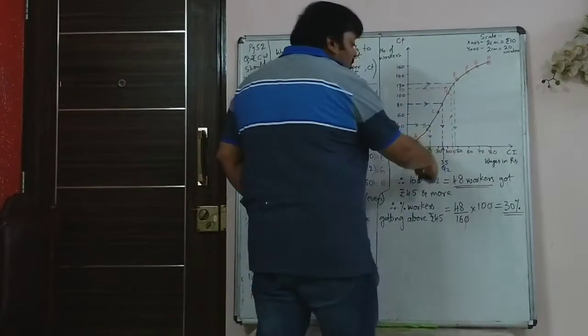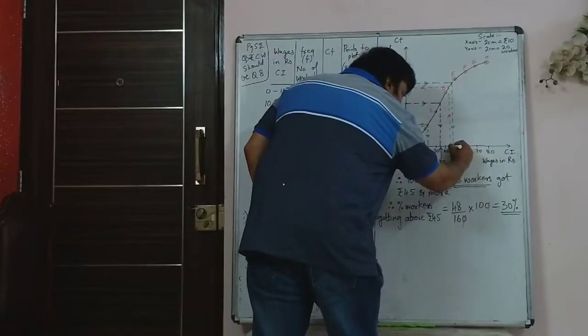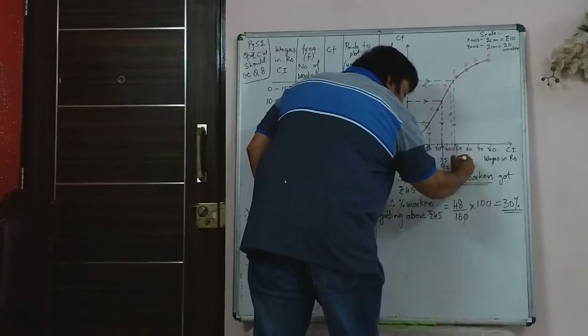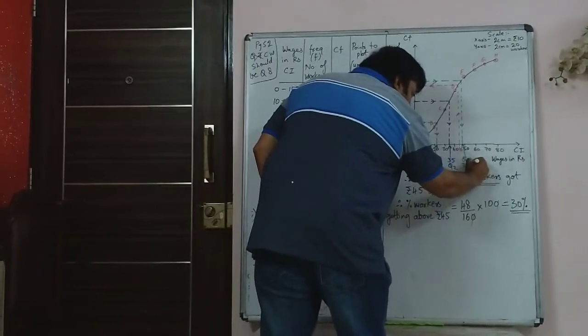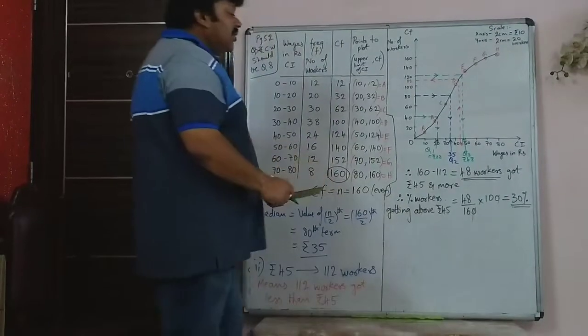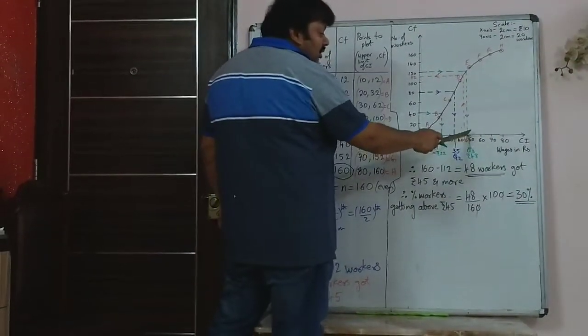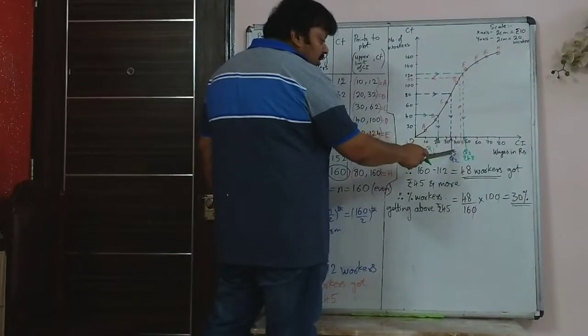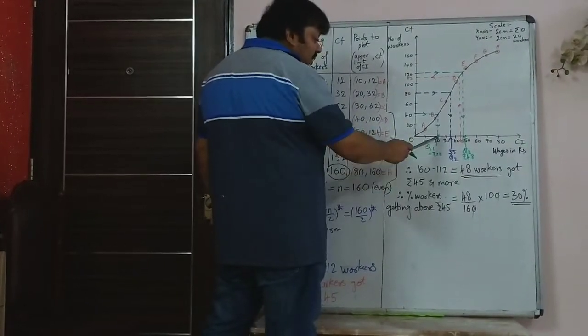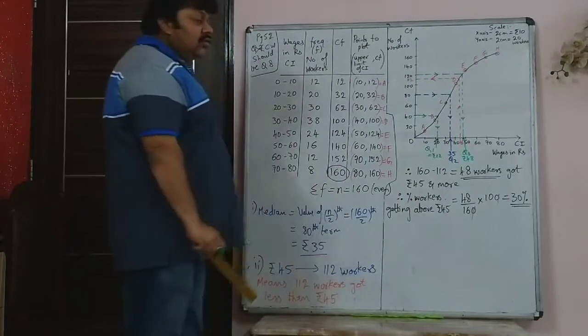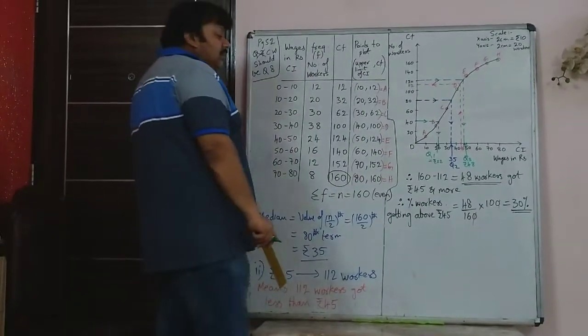So from there, you show this is Q3. Q3 would be around rupees 48. So that is your upper quartile. In your graph you are supposed to mark all this: Q3 rupees 48, Q2 rupees 35, Q1 rupees 22. All these things have to be marked.